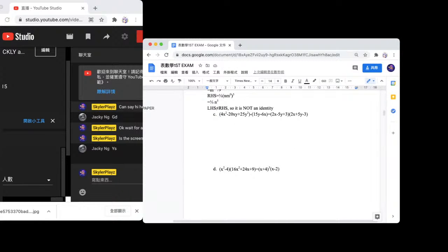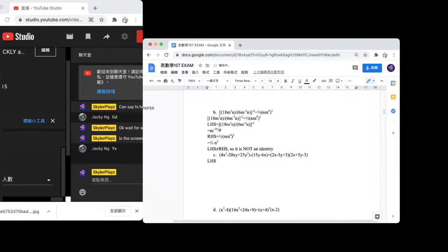We will also choose question C to do so. We need to do left hand side first. Before all of that, please copy the question here. Left hand side. Also, just copy this. And then, in the second line we will apply the perfect square identity.